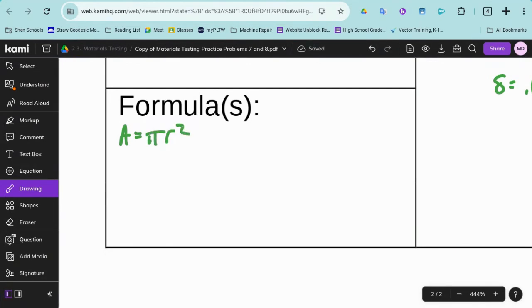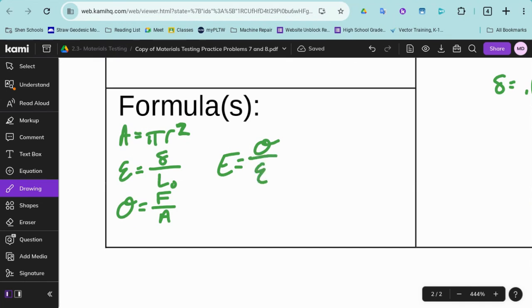These are wires, they're round, so pi r squared. We'll need to find the strain using the elongations and original lengths that we know. We'll need to find the stress using the force we know and the area that we're going to find, and we'll use those together to find the modulus of elasticity using stress over strain.